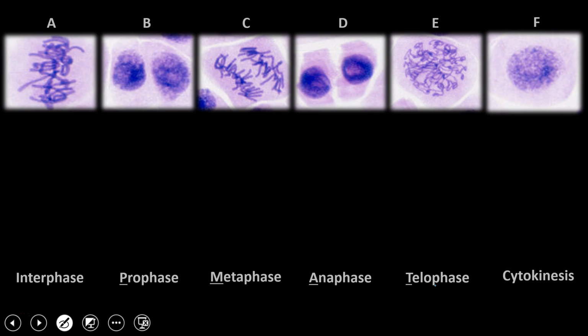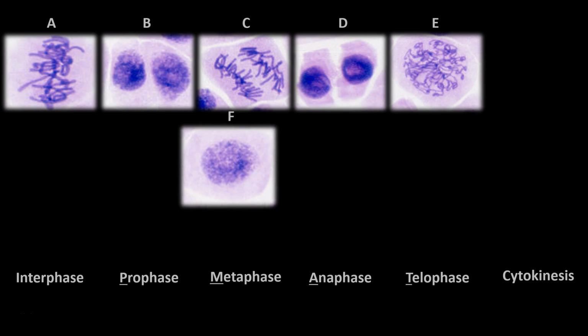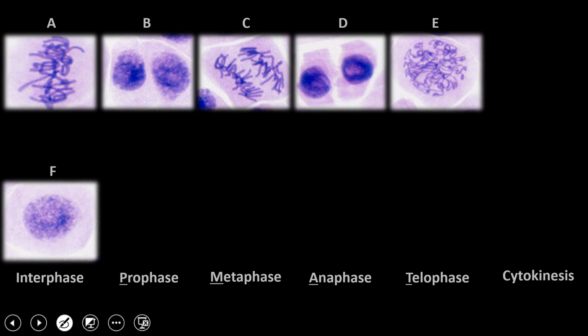Okay, if you take a look at these images, I want you to think, which of these cells, A, B, C, D, E, or F, would be a cell in interphase? Well, that would be letter F. Why? Because the nucleus is real fuzzy and I can't see clear defined structures in there.